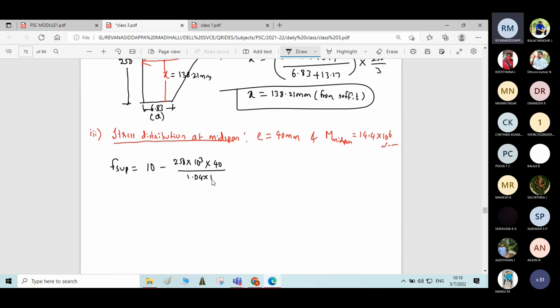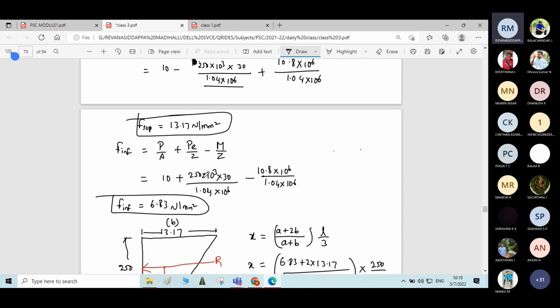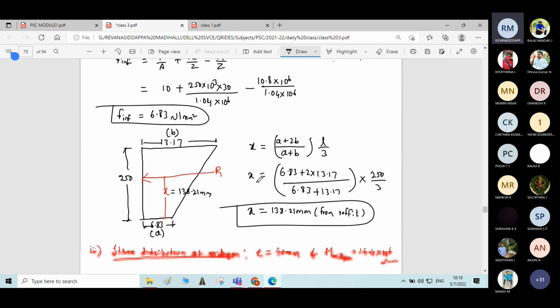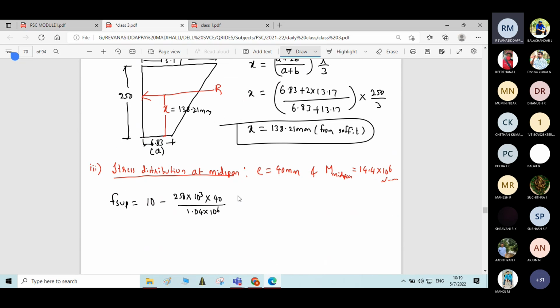Then plus M by Z. Moment at midspan is 14.4 into 10 power 6 divided by 1.04 into 10 power 6.